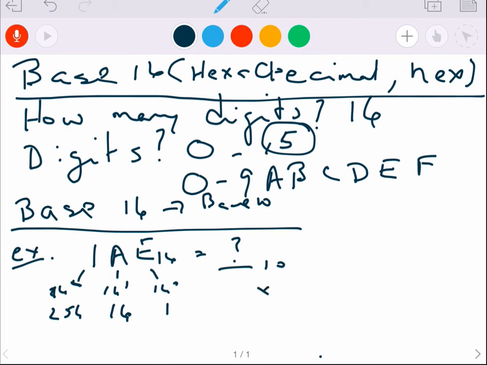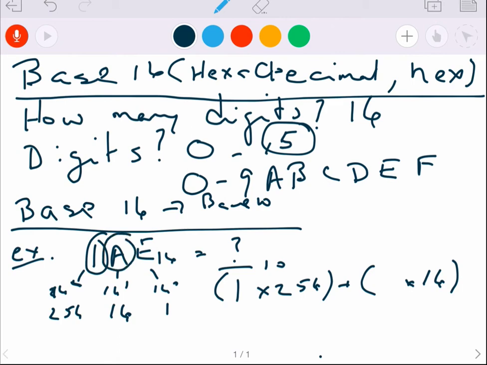So then I'll ask my students, how many 256s do I have? And they'll look at the number and they'll say 1. Then I will say, okay, how many 16s do I have? And they may have to think a little longer, maybe count on their fingers, but A is 10. And then I will say, how many 1s do we have?